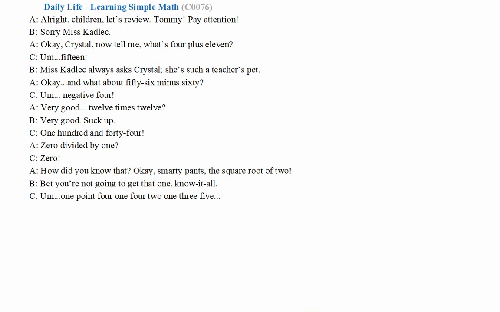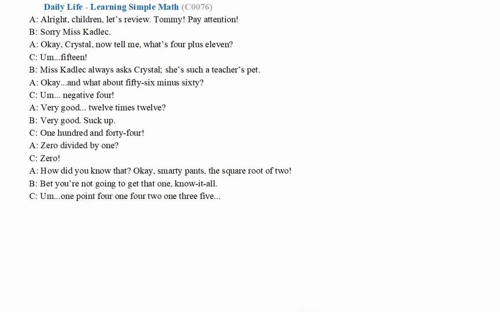All right, children, let's review. Tommy, pay attention. Sorry, Miss Cadlick. Okay, Crystal, now tell me. What's 4 plus 11? 15. Miss Cadlick always asks Crystal. She's such a teacher's pet. Okay, and what about 56 minus 60?